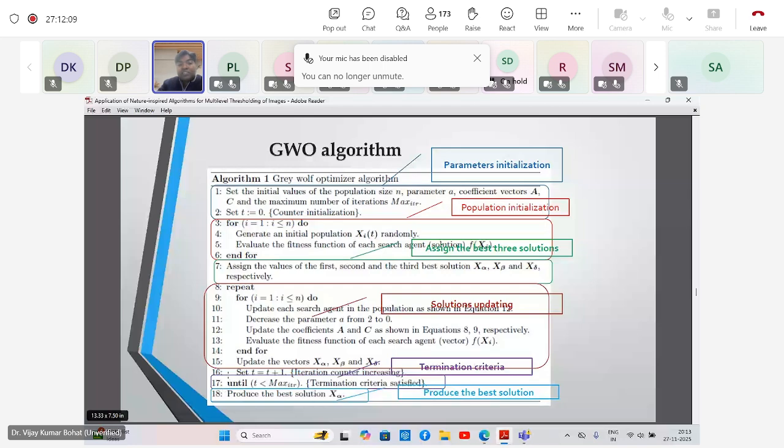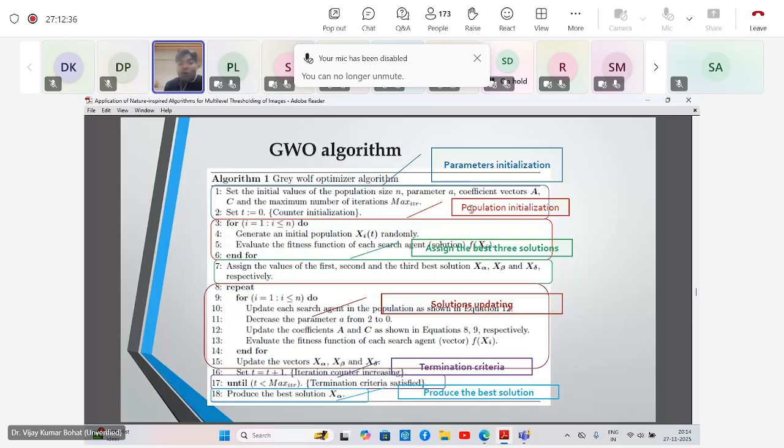Every agent is just updating their equations, and the value of small a keeps decreasing with the lapse of iterations. Initially, the agents explore the search space and try to find the best solution so far, and with the lapse of iterations, small a decreases towards 0, and they start exploiting the best agents and search near them.